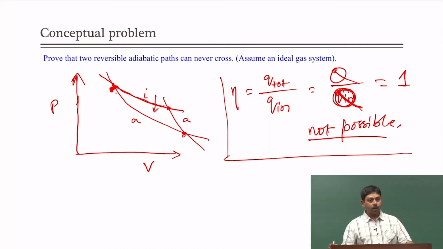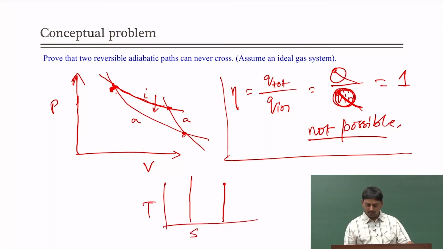You can think about the TS diagram also. Two adiabats, if they have different temperatures in the TS diagram, cannot meet. So, this is T, this is S, and the temperature is increasing here. This is an adiabatic path. If another adiabatic path is there which has a different temperature and different entropy, then they can never meet.